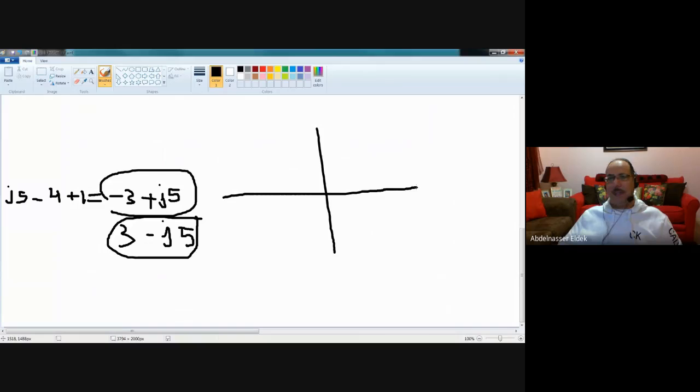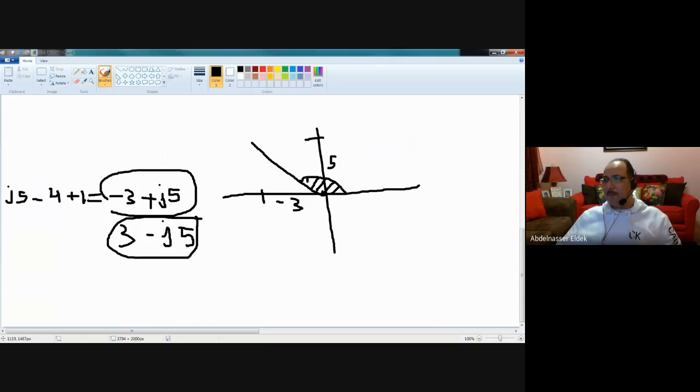We need to understand what the angle is. The real here is negative, so it's supposed to be here. The imaginary is positive, then this is the angle here. The vector goes like this. This is the -3, and this is 5. So the angle is supposed to be between 90 and 180 degrees. This is the angle.